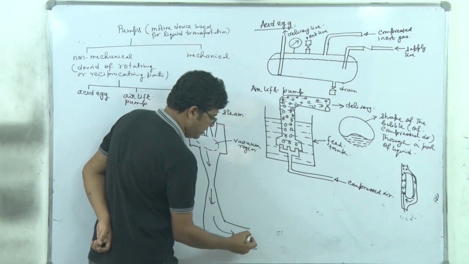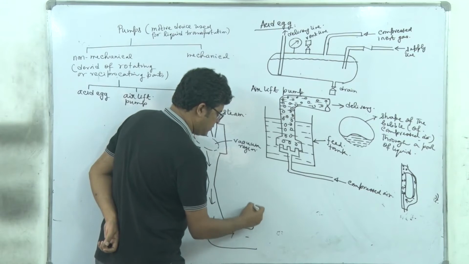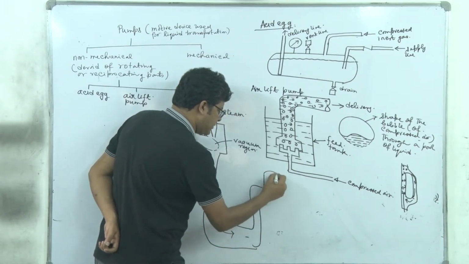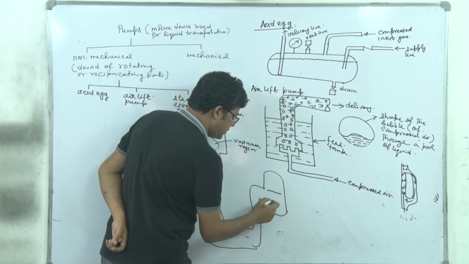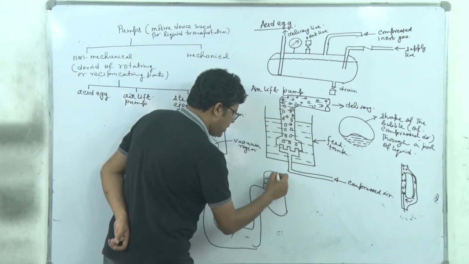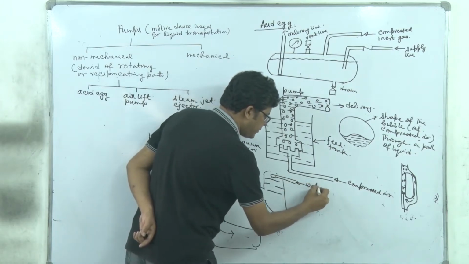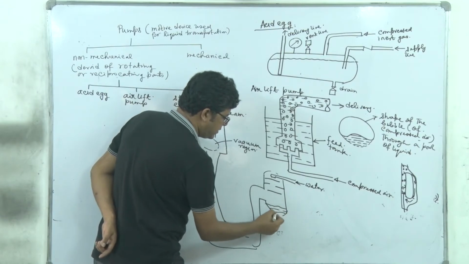Here we have this direct contact condenser, where water is being sprayed. And here we will have the condensate.